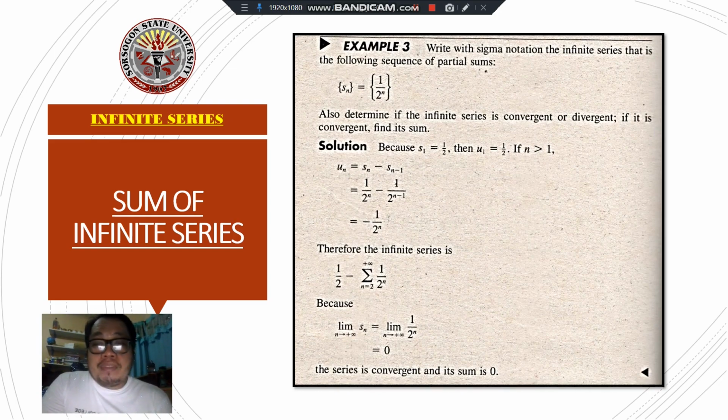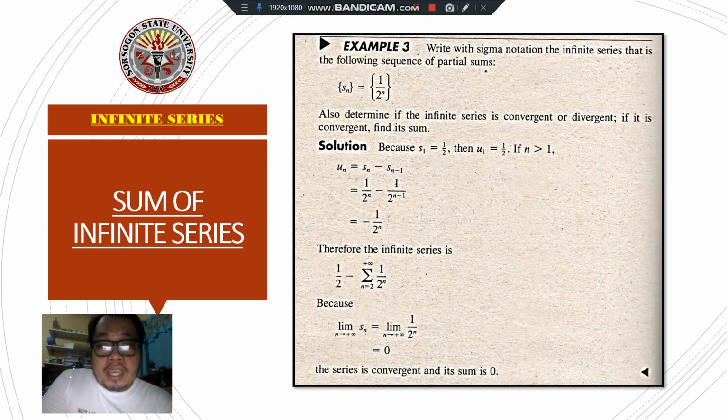Now since we are after u sub n, that is equated with s sub n minus s sub n minus 1, after transposing s sub n minus 1 to the other side.